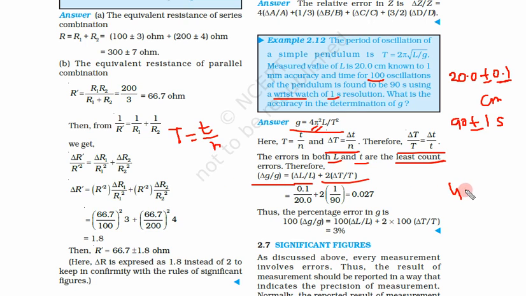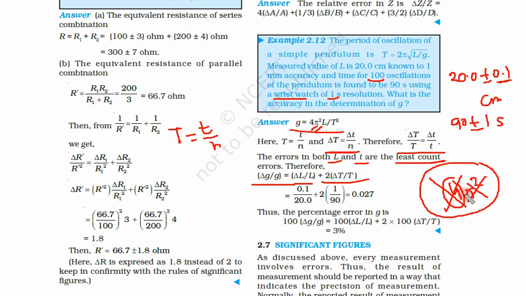This 4 pi square is a universal constant. 4 is a number. There can be no error in a number. Also pi is a number. So there is no error in this number. So in any measurement, if we are given any constant, we will assume that there is no error associated with that number or constant.